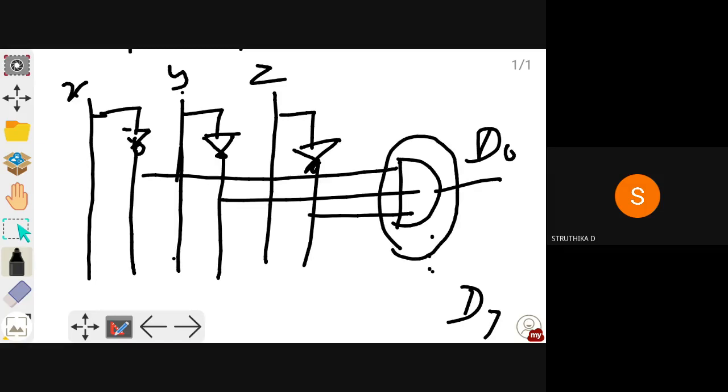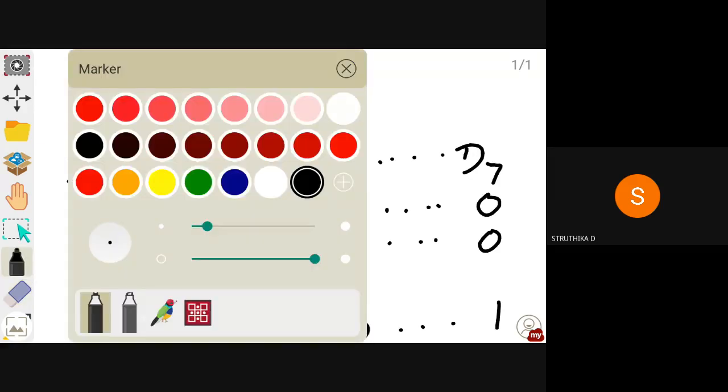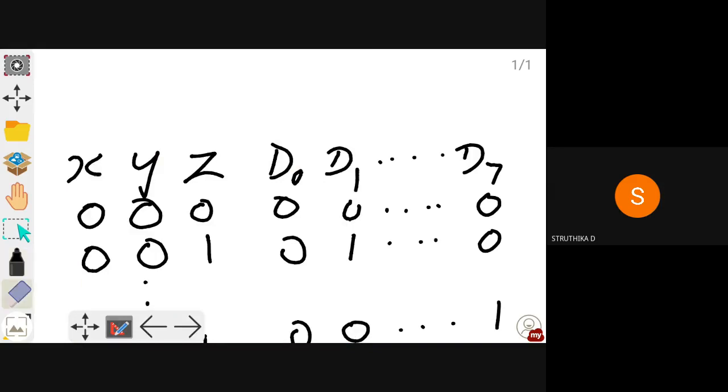A decoder can also be designed using a NAND gate. So how can you design a decoder using a NAND gate? In the truth table, for 0, 0, 0, instead of 1 for D0, you will be having 0 for D0 and the rest will be 1.